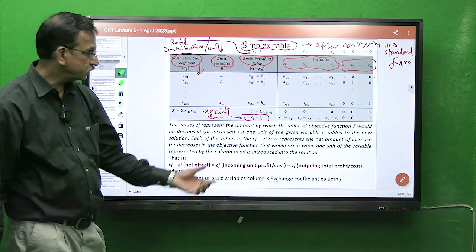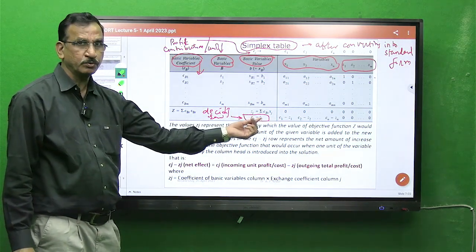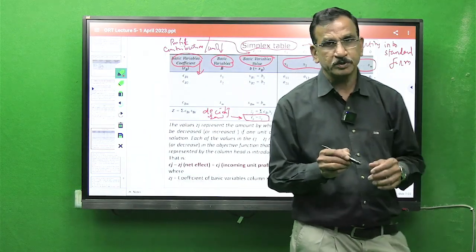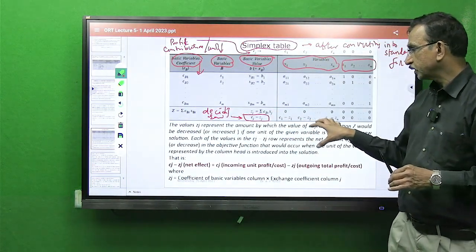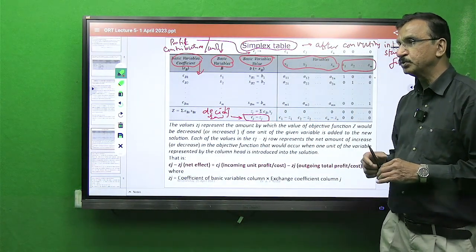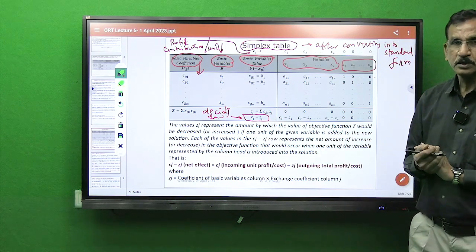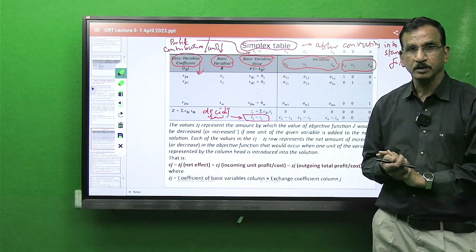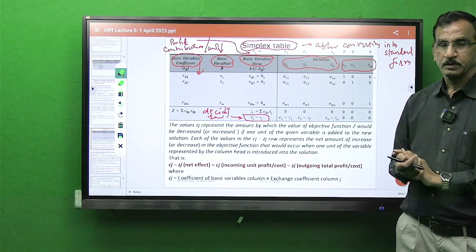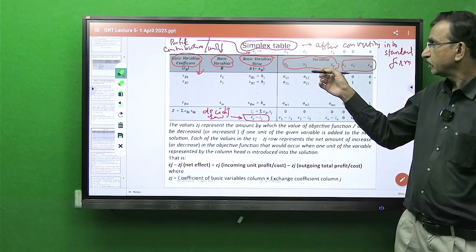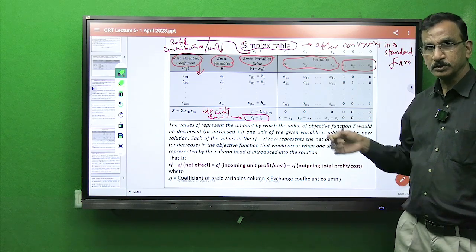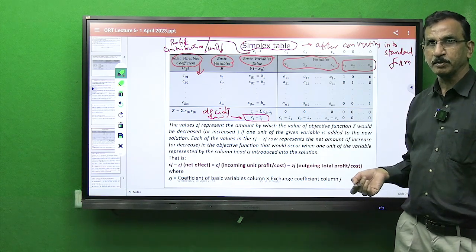This Cj minus Zj row will decide the fate of this particular problem, whether the final solution is achieved or there is yet some scope for improvement of the solution. And as you know, we are finding these values for a maximization type of problem.